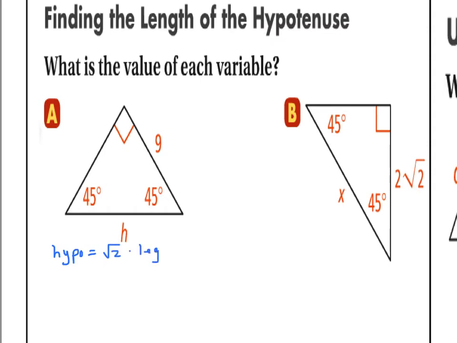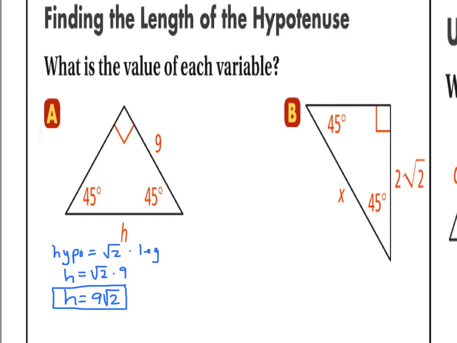In this case, we don't know the hypotenuse. That's h, is equal to the square root of 2 times the leg, in this case, 9. So in other words, the hypotenuse is equal to 9 times the square root of 2.